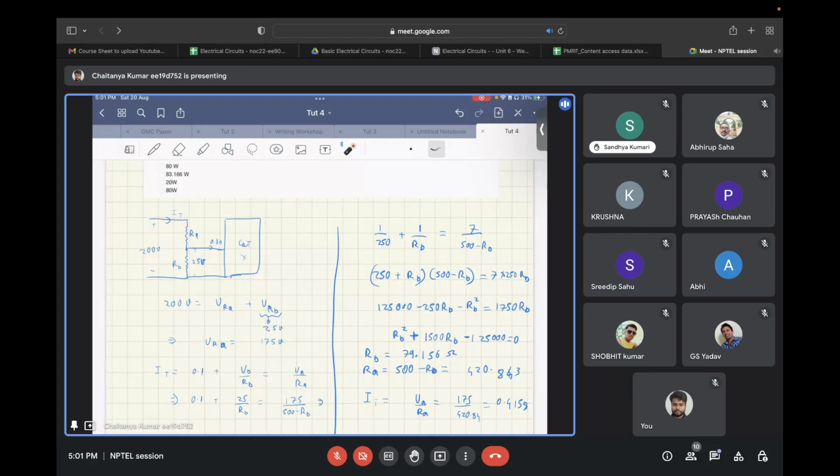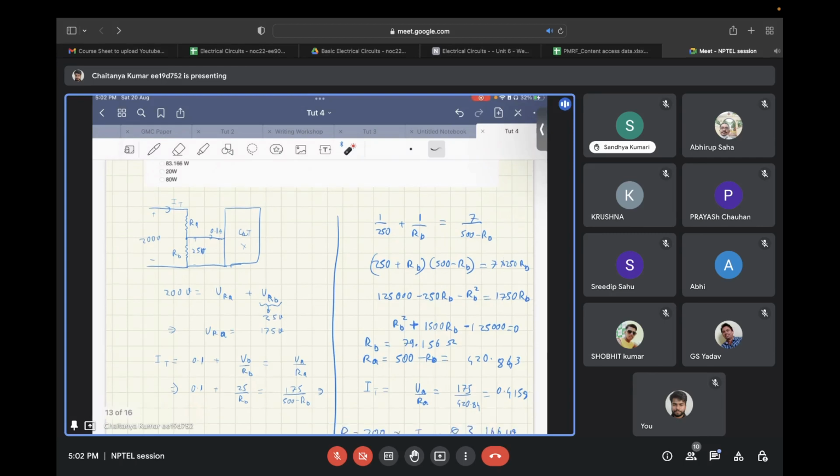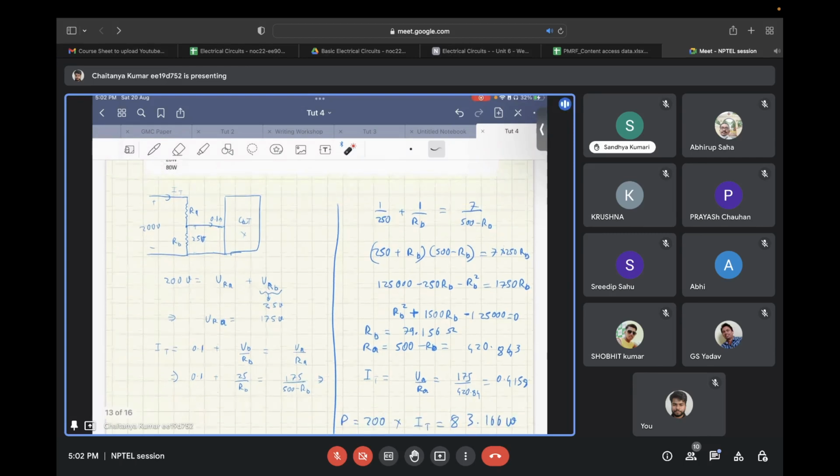Now, the other thing is that the total current IT that flows from the 200 volt source will be the 0.1 ampere flowing into circuit X plus the current flowing into the resistance RB, that is 25 divided by RB. This is also equal to the current in RA, that is 175 volts divided by RA, since the total current flows through RA.